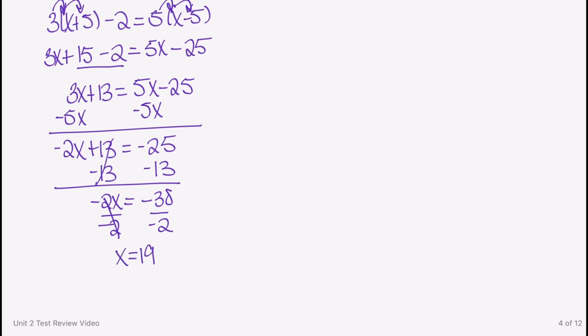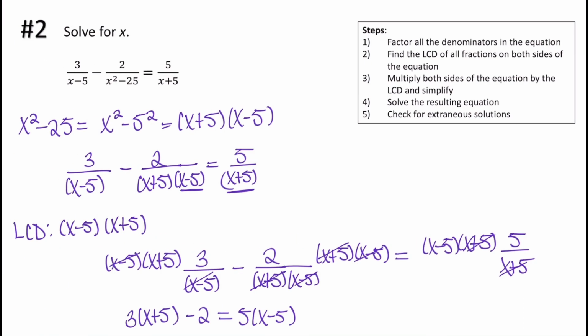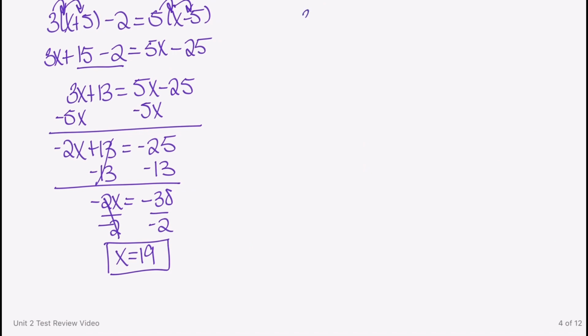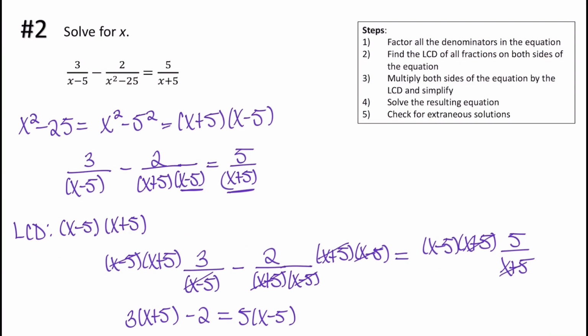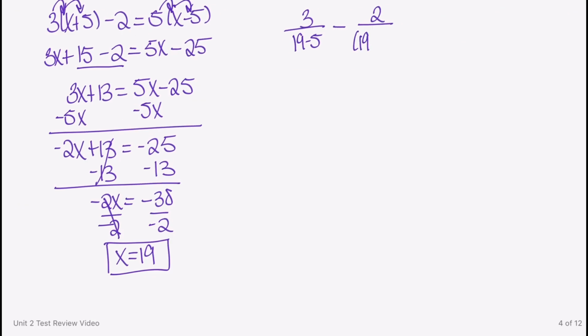You always want to go back and check by plugging into your equation to make sure that we don't have any extraneous solutions. So that gives us 3 over 19 minus 5, minus 2 over 19 squared minus 25, and that equals 5 over 19 plus 5. We're plugging back into the original equation.